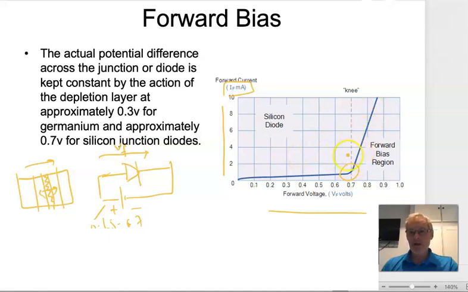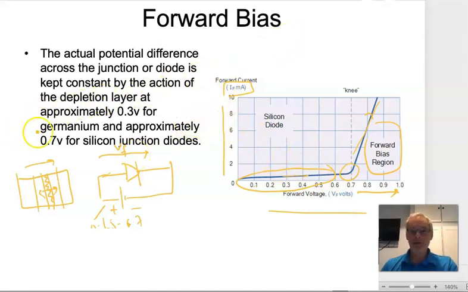We get this current that's able to flow through the diode, and we call this the forward bias region. So anything above 0.65, 0.7 volts, we are actively enabling the diode to function, and we get the current to flow. Whereas below that, this is called leakage current.